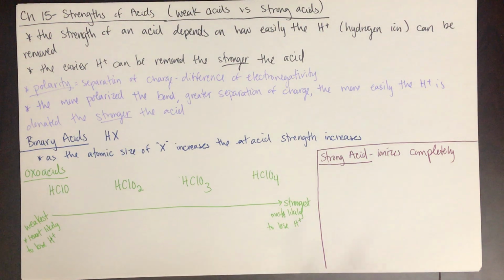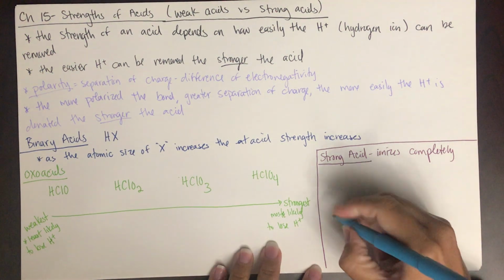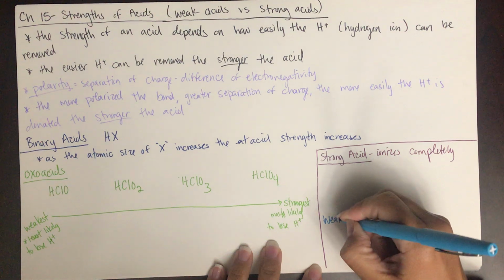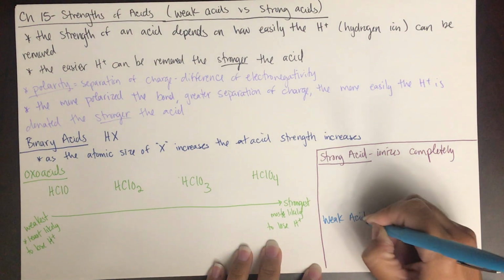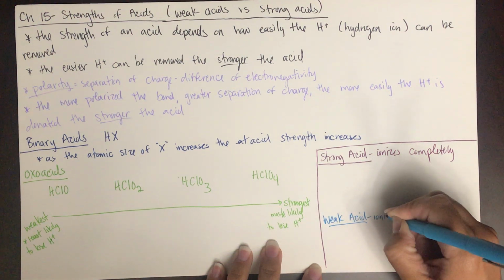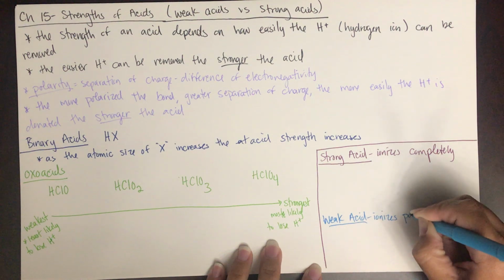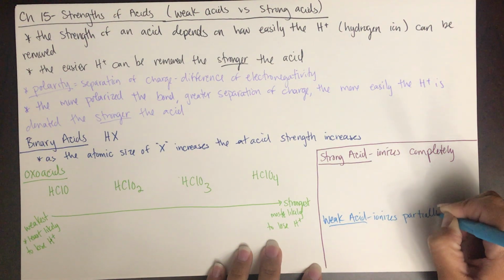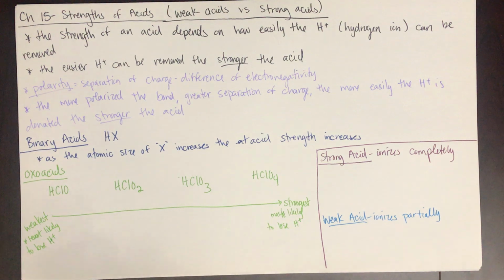A weak acid is something that ionizes partially. So strong acids ionize completely. There's 6 strong acids that you are going to be responsible for. These are the 6 strong acids. Everything that is not on this list is weak.